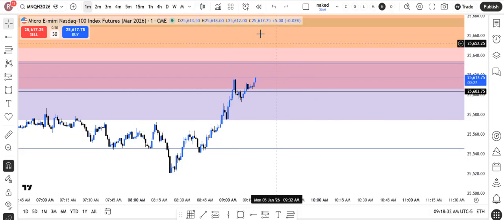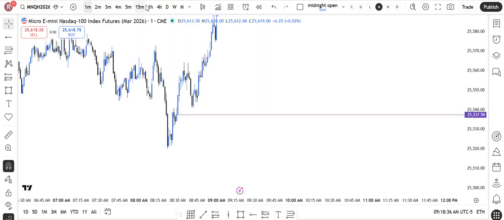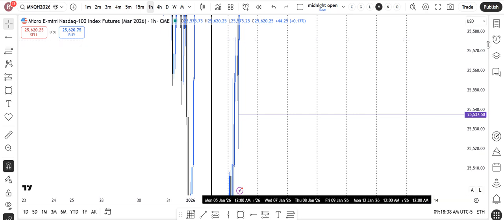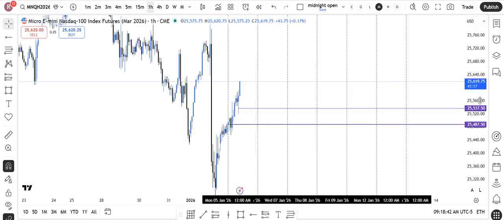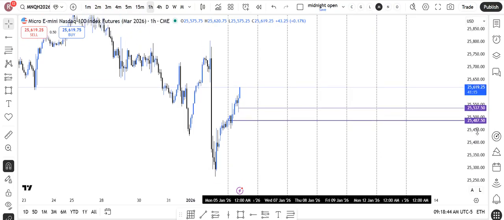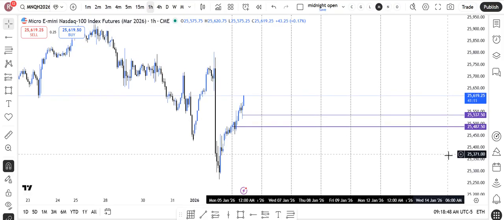So that's the reason why, like I said, I like to see this type of price action if I have a bearish bias. And it doesn't have to pan out the way that I want it to. Just because I say it doesn't mean it's going to happen. Nothing is guaranteed within all this.